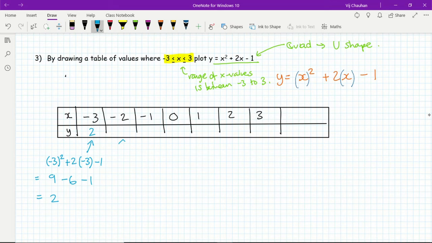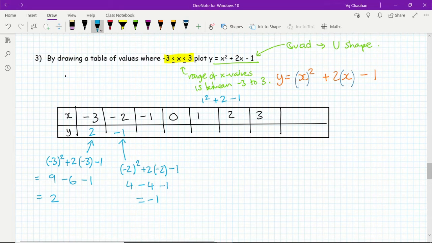If I work out this one here, I'm going to have -2 squared plus 2 times -2 take away 1. So -2 squared is 4. 2 times -2 is -4. Take away 1, so we get an answer of -1. And then if I move on to my next element, here I've got -1 squared plus 2 lots of -1 take away 1.